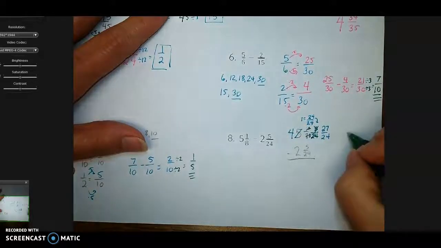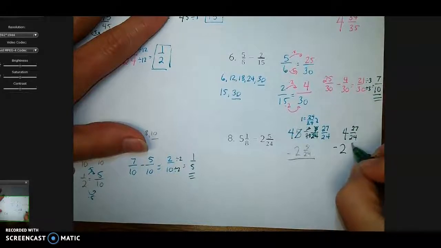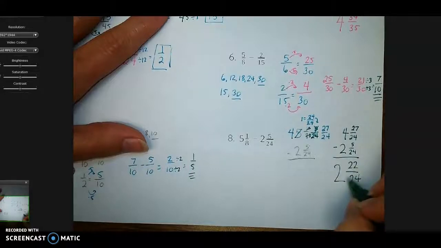So what I'm now looking at is 4 and 27/24 minus 2 and 5/24. 27 minus 5 is 22, and 4 minus 2 is 2, and then I can reduce and get 2 and 11/12.